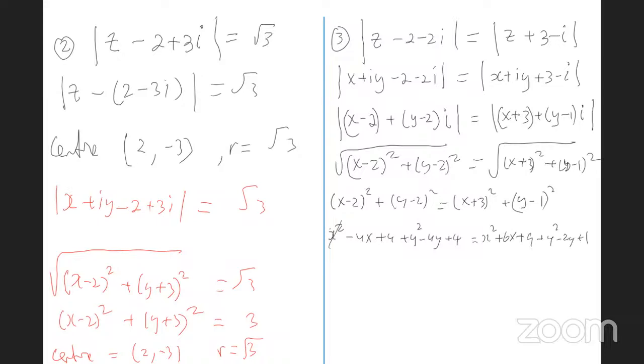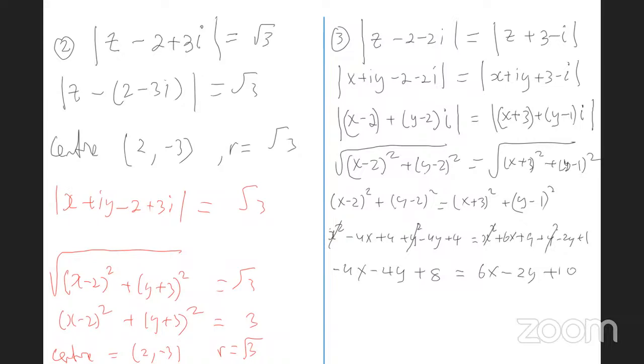Right, x squareds will cancel and the y squareds will cancel, and then you'll end up with minus 4x minus 4y plus 8 is equal to 6x minus 2y plus 10.